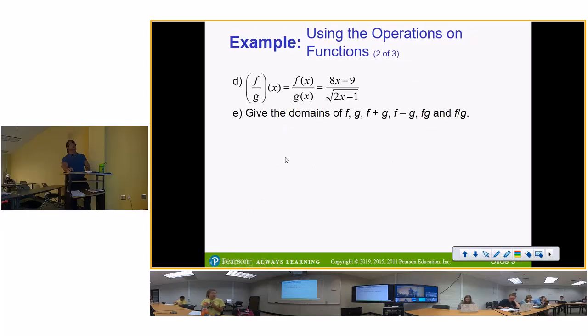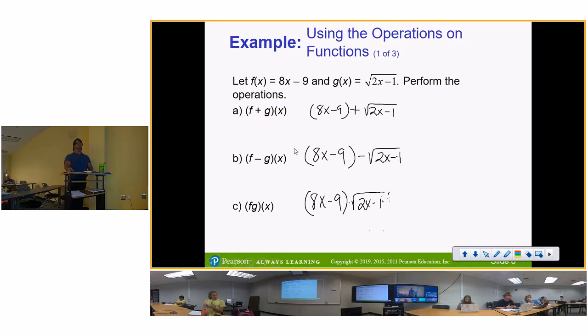Now, domains. All right? When you have a domain, which one of these domains is affected? Well, a fraction or a what? A radical. They are affected. So, F. Well, the domain of F is, wait a minute.